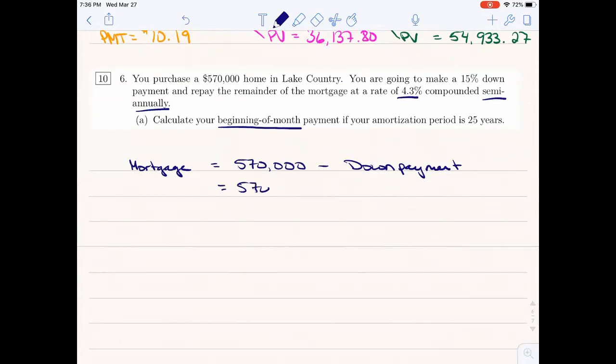Which is 570,000 minus 570,000 times 0.15, which is what? 570,000 times 0.15, 85,500. Oops. Stop me if you didn't get the same thing, because I'm just winging it here.